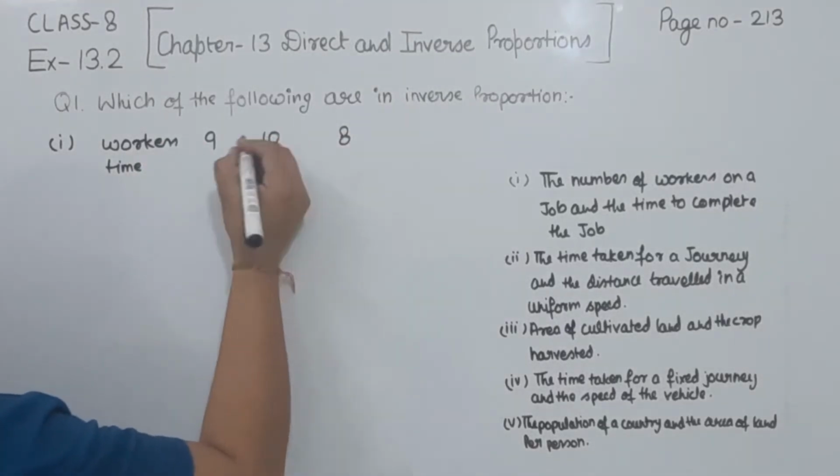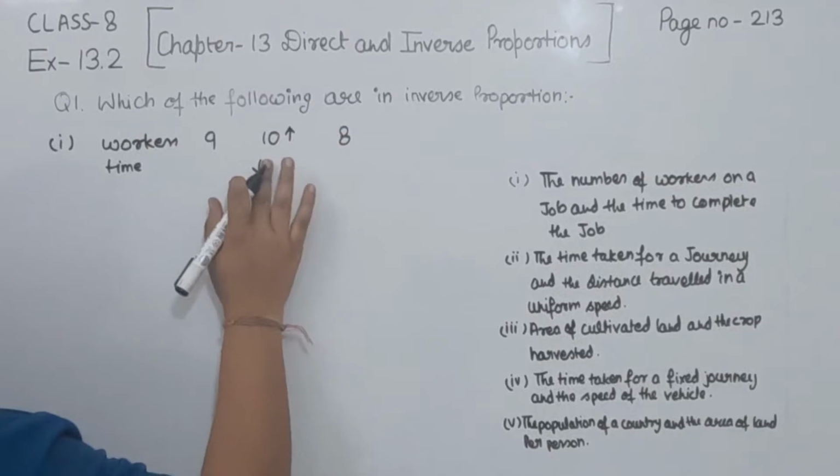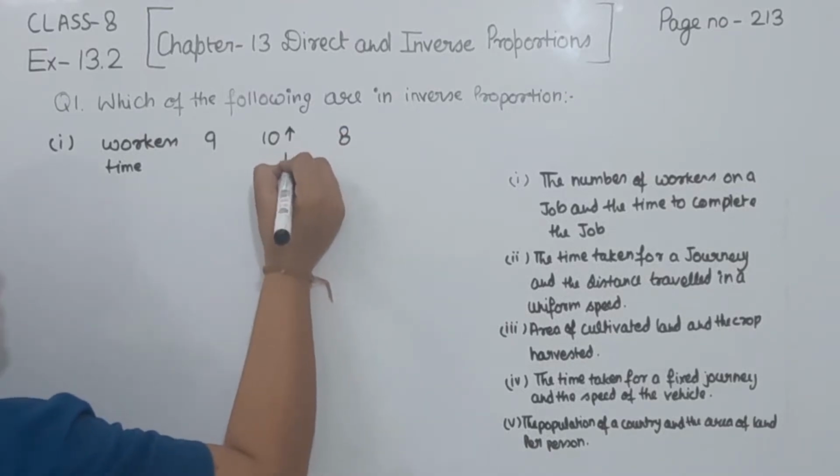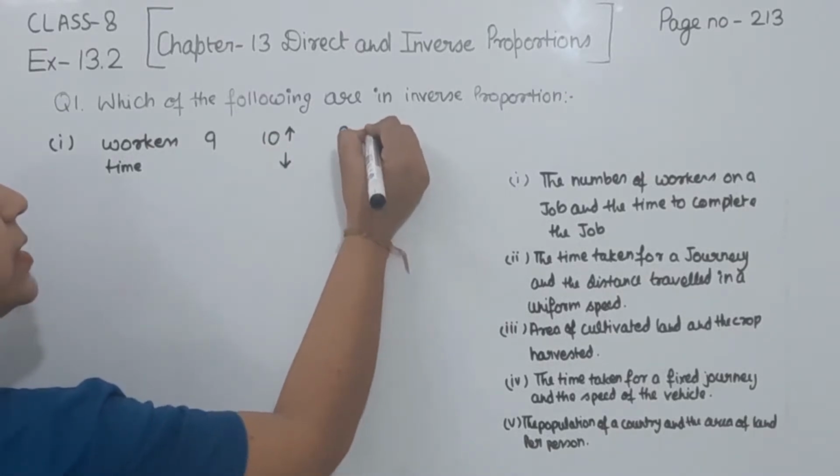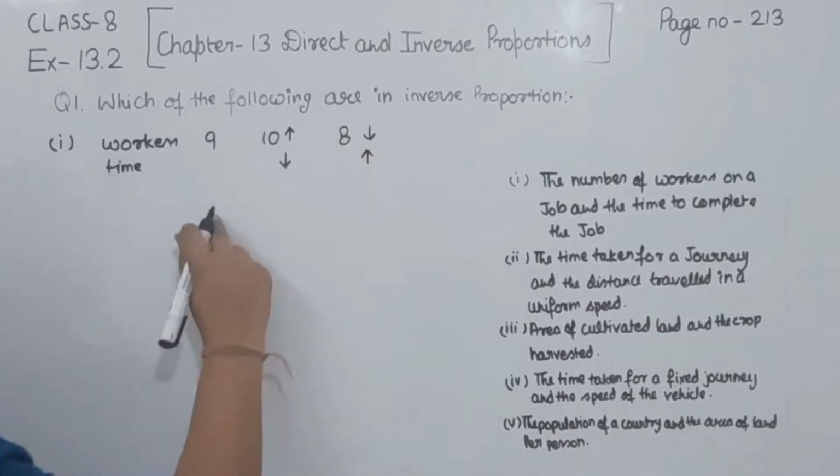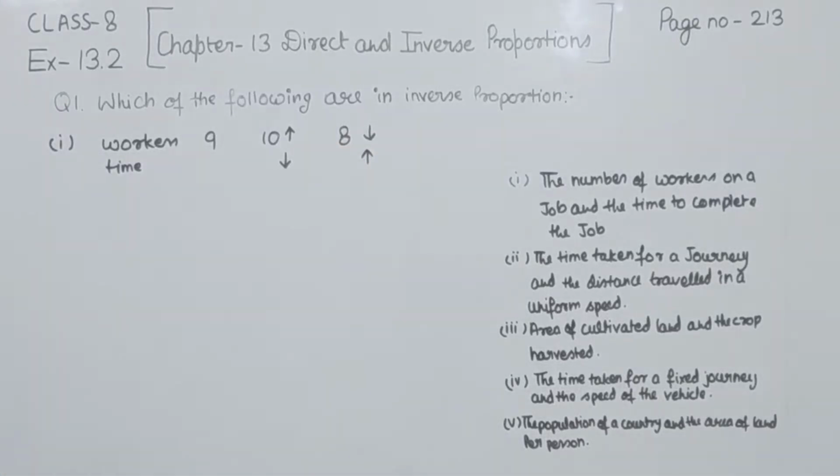Here, when the number of workers is increasing, then the time will decrease. Now here the number of workers is decreasing, then the time will increase. So we are having the inverse relationship here.